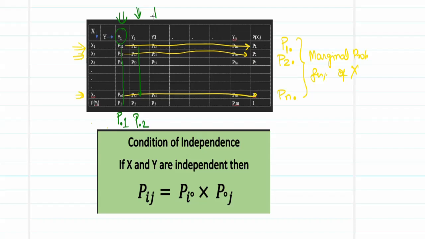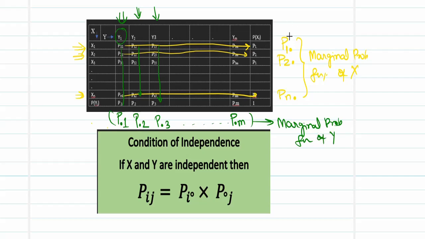For the third quantity, y is fixed, x varies, as p dot 3. If we move on in such a way, we will get p dot m, and this collection of probability over here will be referred to as the marginal probability function of y.